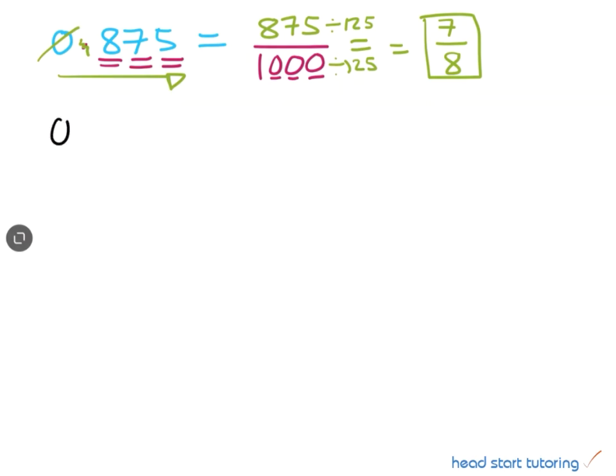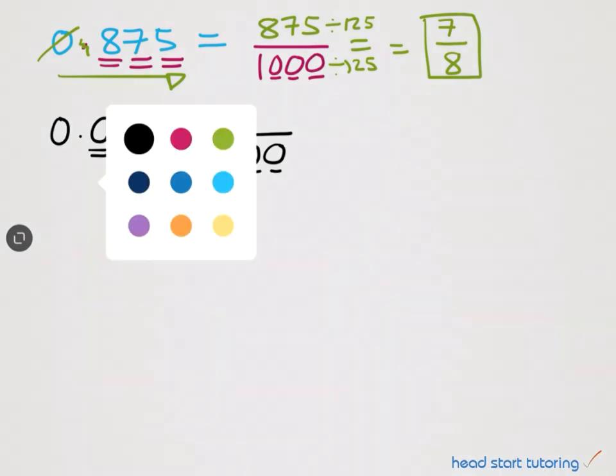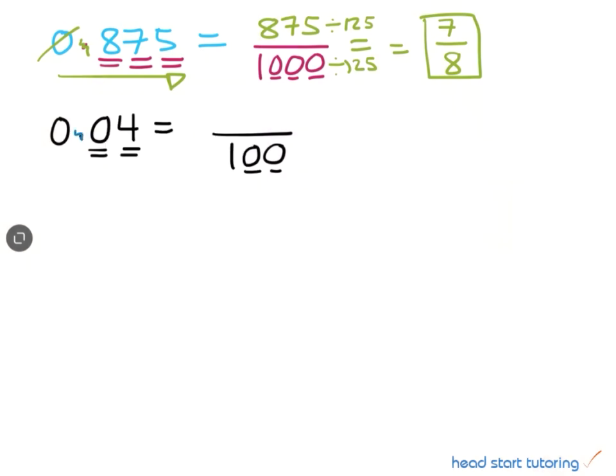Right, let's have a look at 0.04. 0.04 has 2 decimal places, so we are going to end up with a fraction out of 100. Because we've got 2 decimal places, we've got a 1 with 2 zeros, which is our 100. Then we ignore the decimal point because we've dealt with how many decimal places there are, and we see that we have a number 0.04 or just 4.